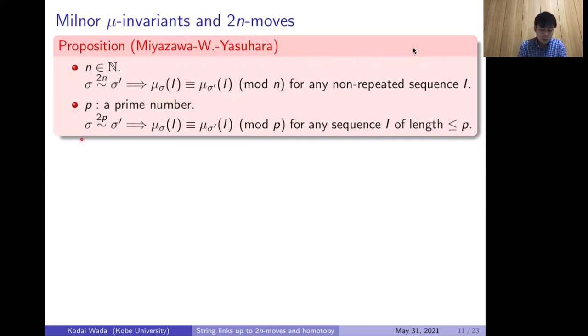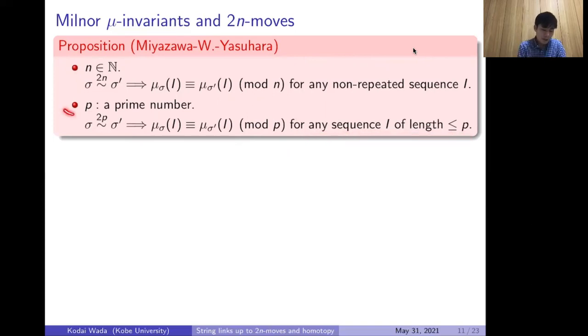If two string links are 2p-equivalent, then their mu invariants are congruent modulo p for any sequence I of length less than or equal to p. We note that in the second assertion, this sequence may have repeated indices.